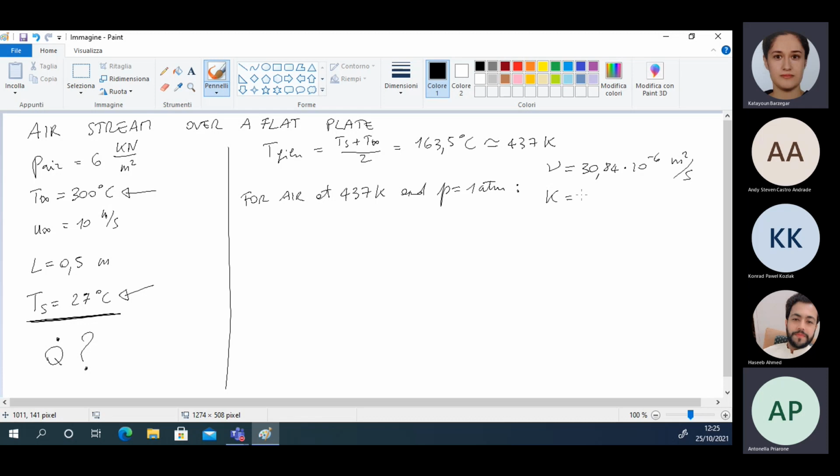K is equal to 36.4 times 10 to the minus 3 watt per meter Kelvin, and the Prandtl number is equal to 0.687.